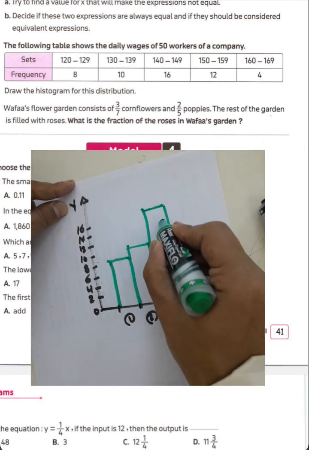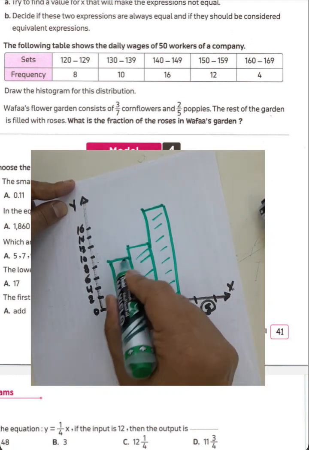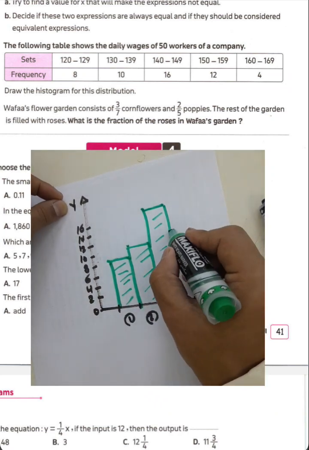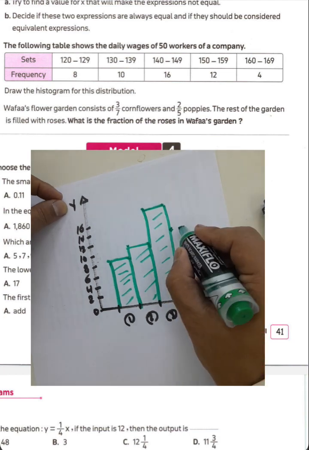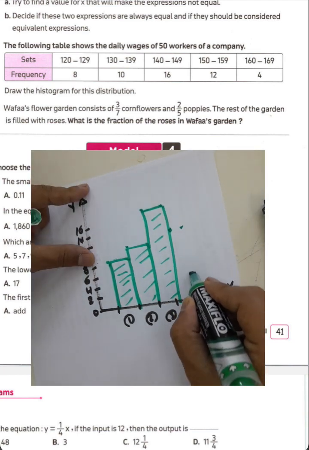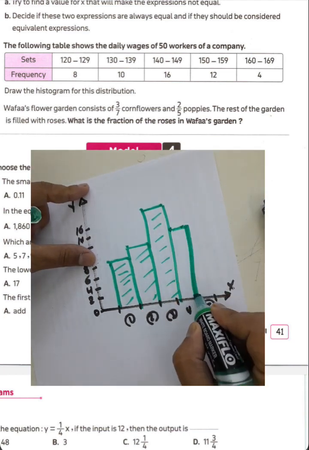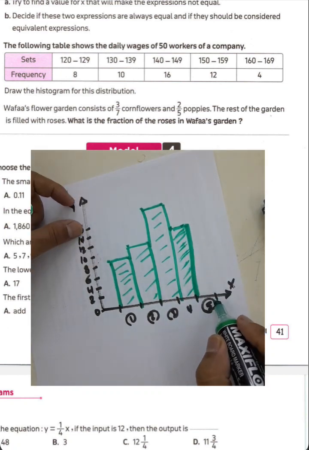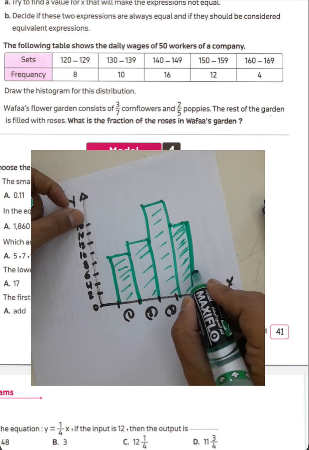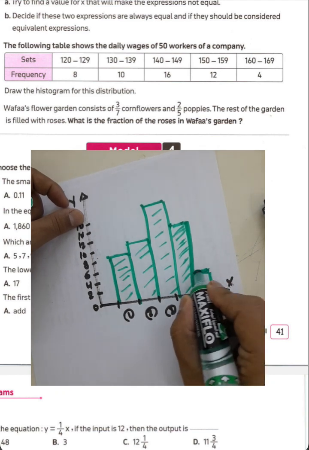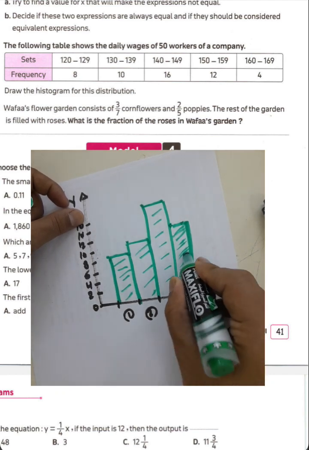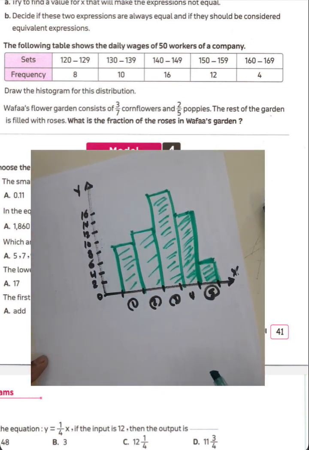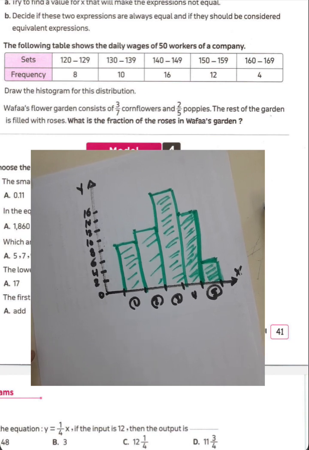Okay, and the fourth at 12 here. And the last one here at 4. Okay, now we have finished this question.